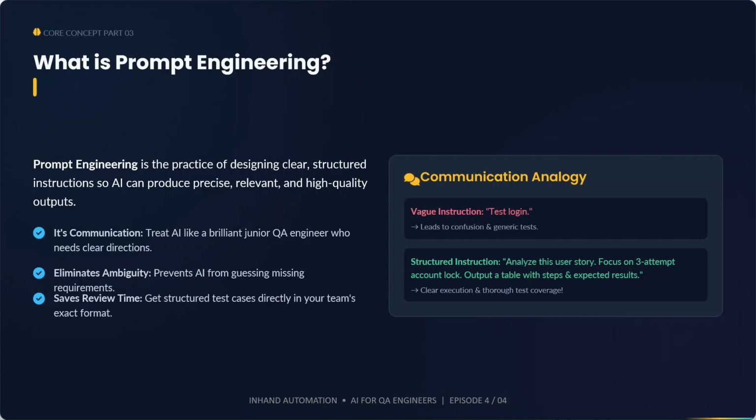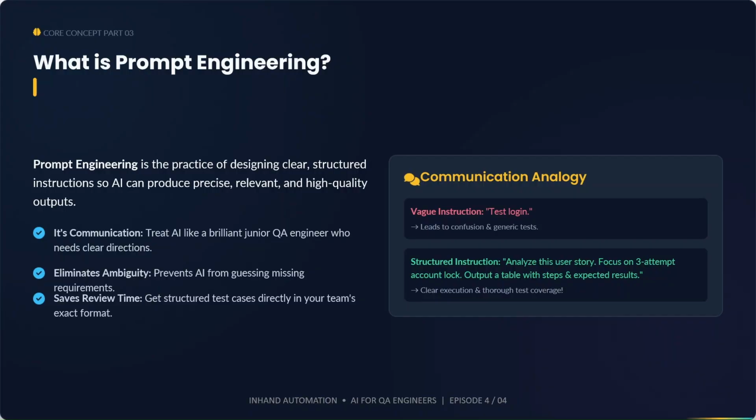Now Rahul says, in a structured instruction, analyze this user story, focus on 3 attempt account lock, output a table with step and expected result. Or in our simple language, Rahul tells Sam, Sam, analyze this login requirement.